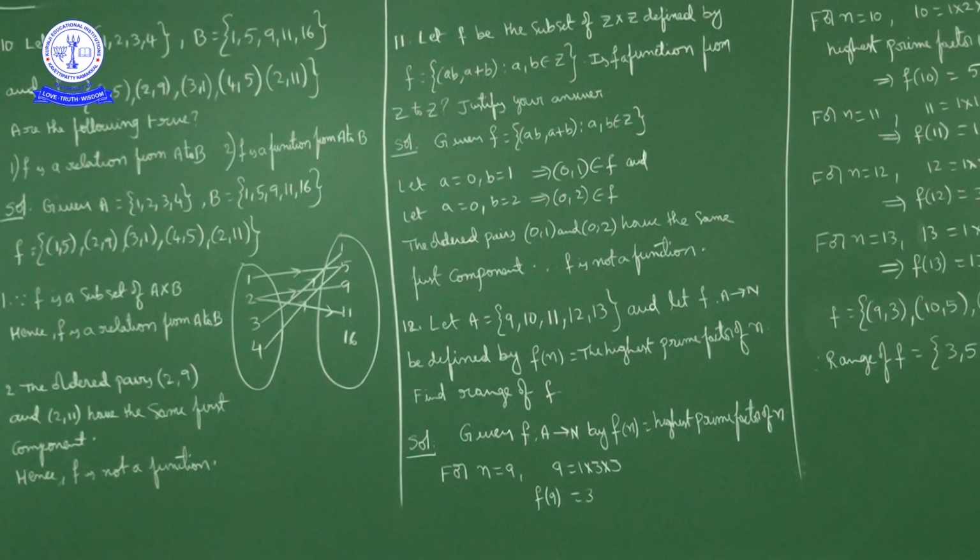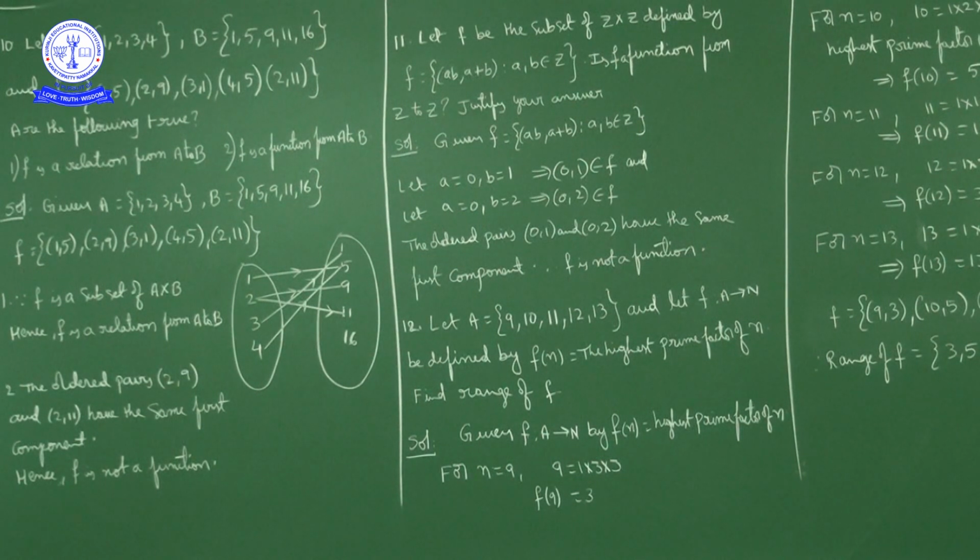Okay. Now if you observe this relation, we can write like this: 1, 2, 3, 4 here, 1, 5, 9, 11, 16. 1 is mapped to 5, 2 is mapped to 9, 3 is mapped to 1, 4 is mapped to 5 and 2 is mapped to 11.